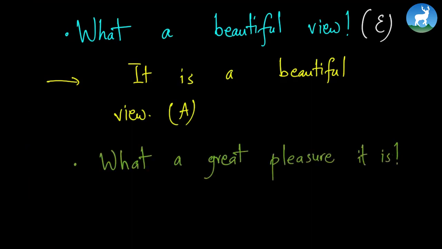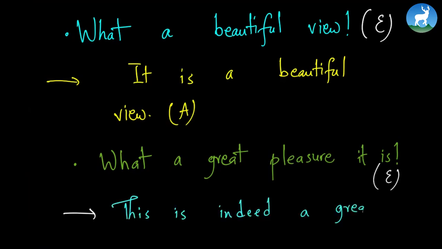That is an exclamatory sentence. How can you change this into an assertive one? You would say, this is indeed a great pleasure. Now that is an assertive sentence. All right. So now we have learned how to change an exclamatory sentence into an assertive one.